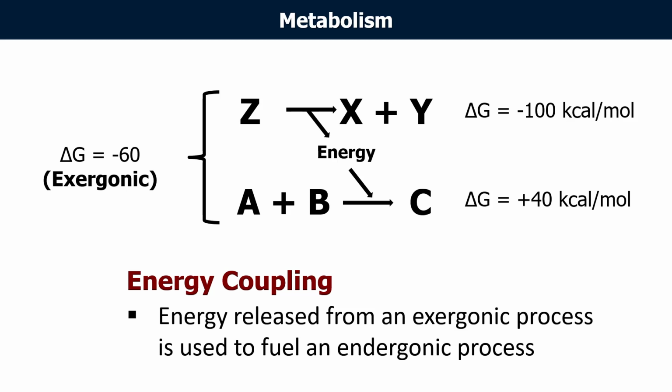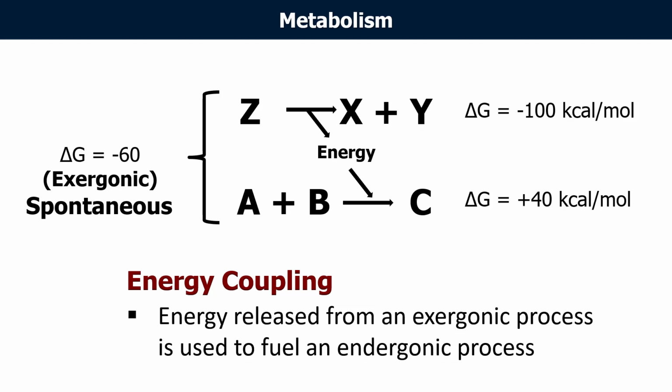And by the way, I don't think I said this yet, but anytime you have a negative delta G, that reaction is also considered spontaneous. Spontaneous means that it's energetically favorable, that the laws of physics kind of allow this. It follows those laws of thermodynamics without any problem.